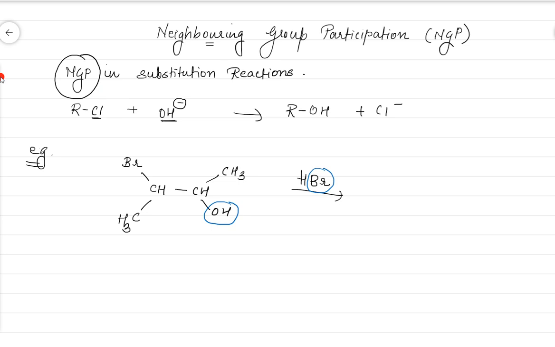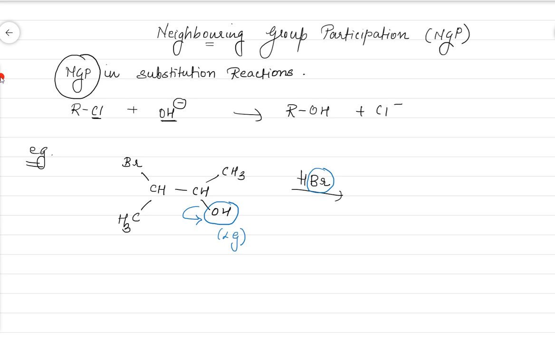Now for that the OH group has to leave. So OH group becomes our leaving group. Now how fast the OH group leaves depends upon what is present on the adjacent carbon atom.